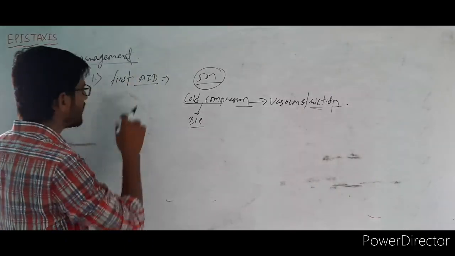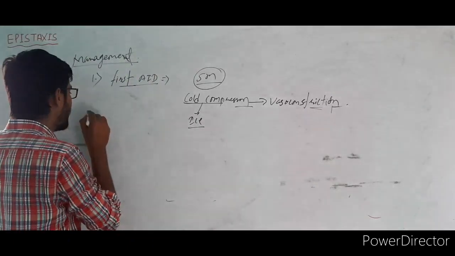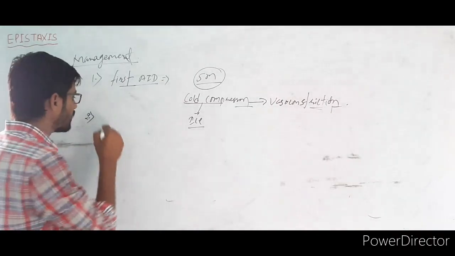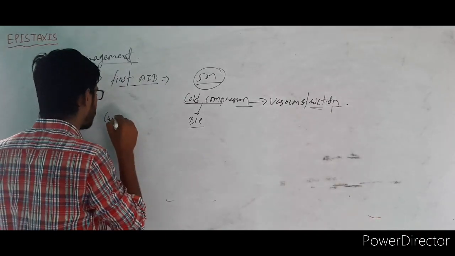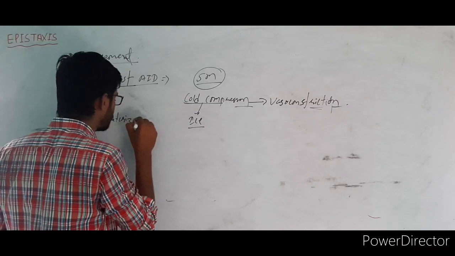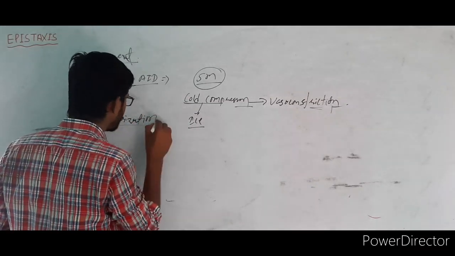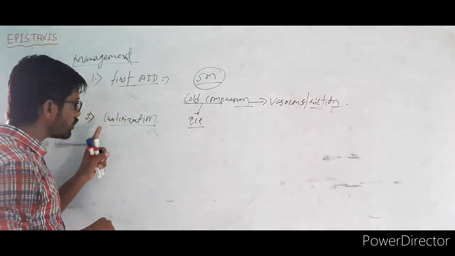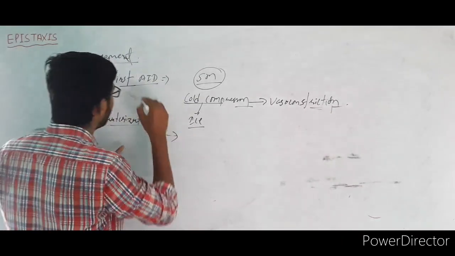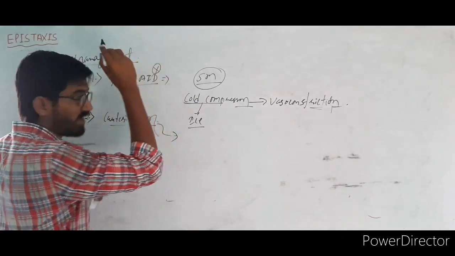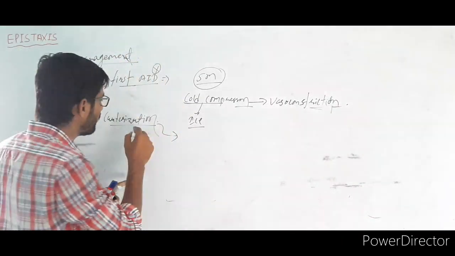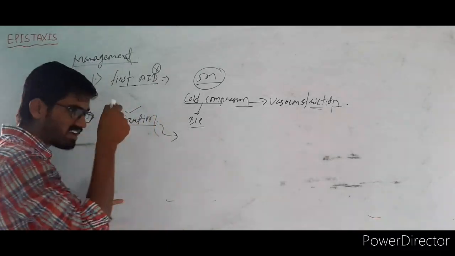If it is not controlled by the first step, what do we have to do? We have to do cauterization. We do this cauterization when first aid is not effective, when it is not effective, and we have to cauterize the vessels.